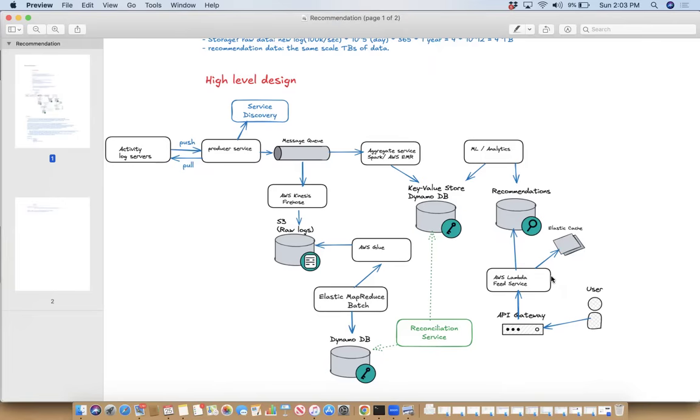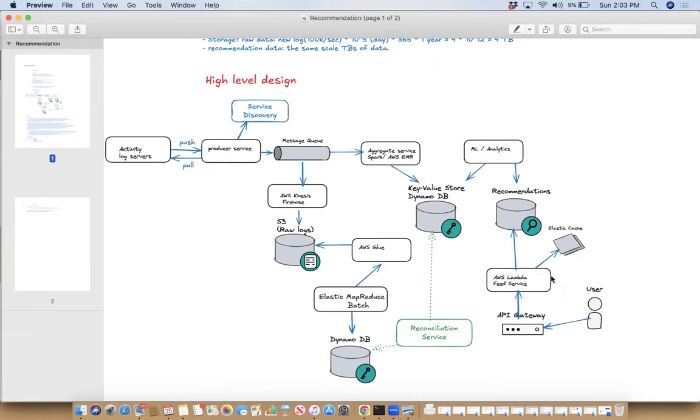That is why we have the message queue in this model. After the producer puts messages in the message queue, there is another service which has subscribed to the message queue, responsible for writing the raw data in some data storage, like S3 raw logs. We are talking about raw logs.